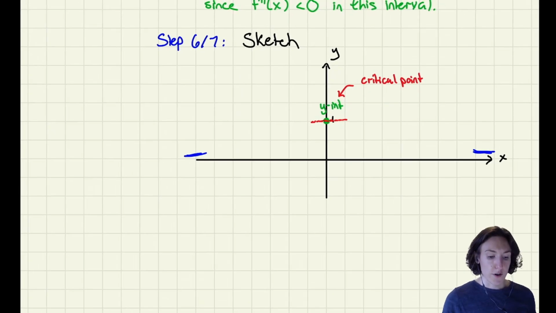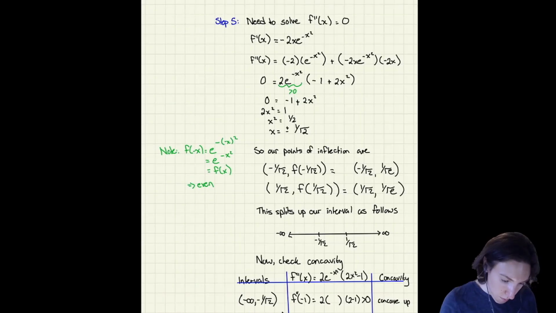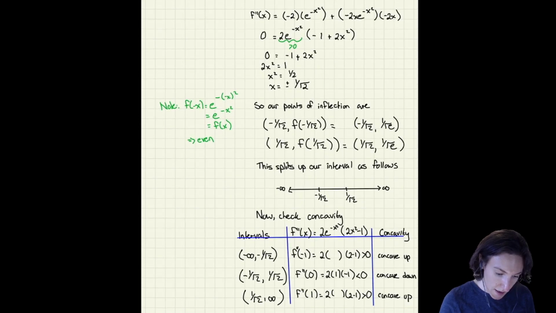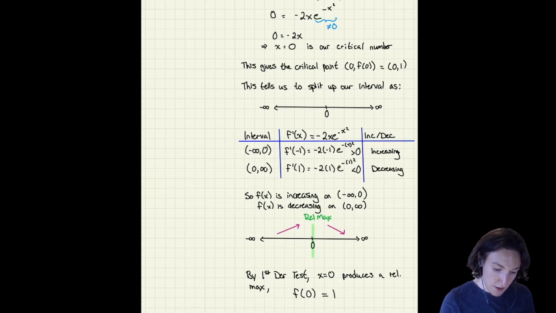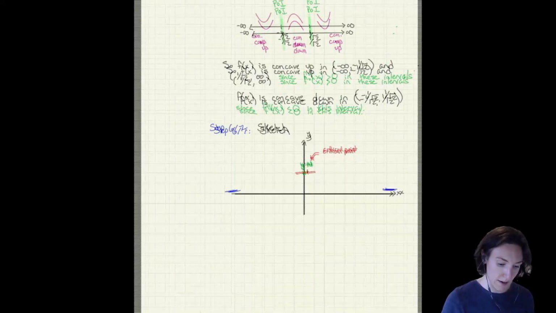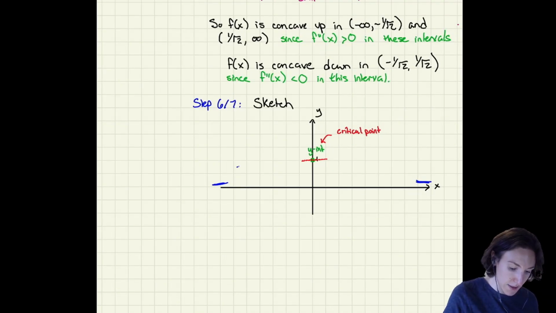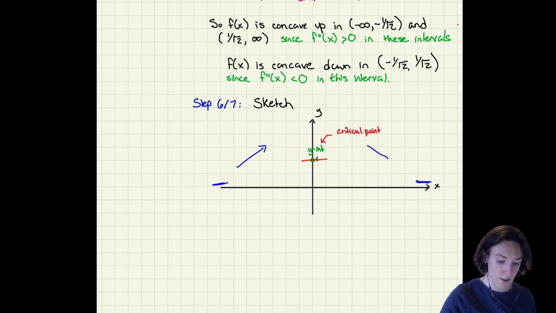Are these all my important points? Critical point, and then I'm going up, and then I'm going down. And I know that 0, 1 produces a relative max. So I know that my graph is doing something like this and then something like this.